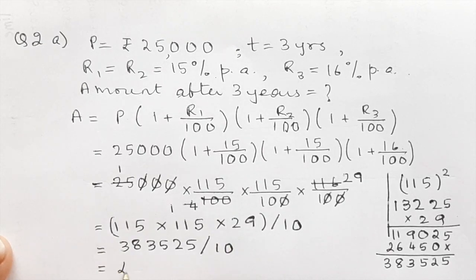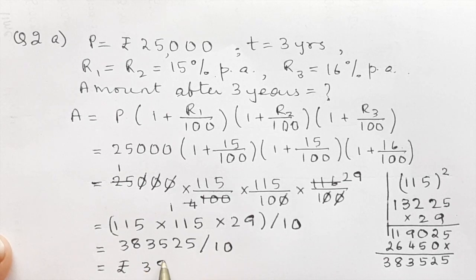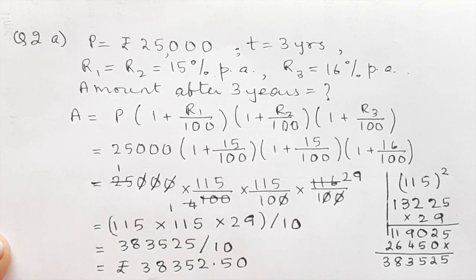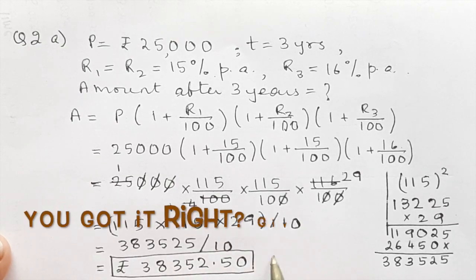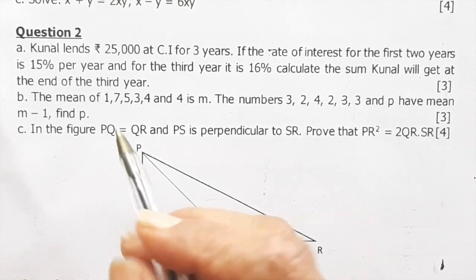So all we have to do is place the decimal point here. So it will be 38352.50. Now whenever there is rupees and paise, make sure that you write 2 decimal places and this becomes your answer. Let us come to question number 2b.